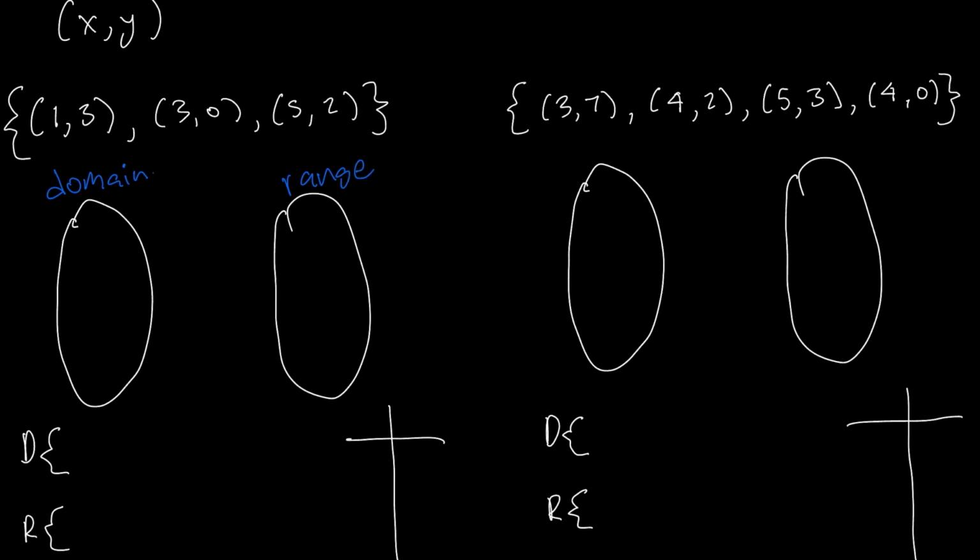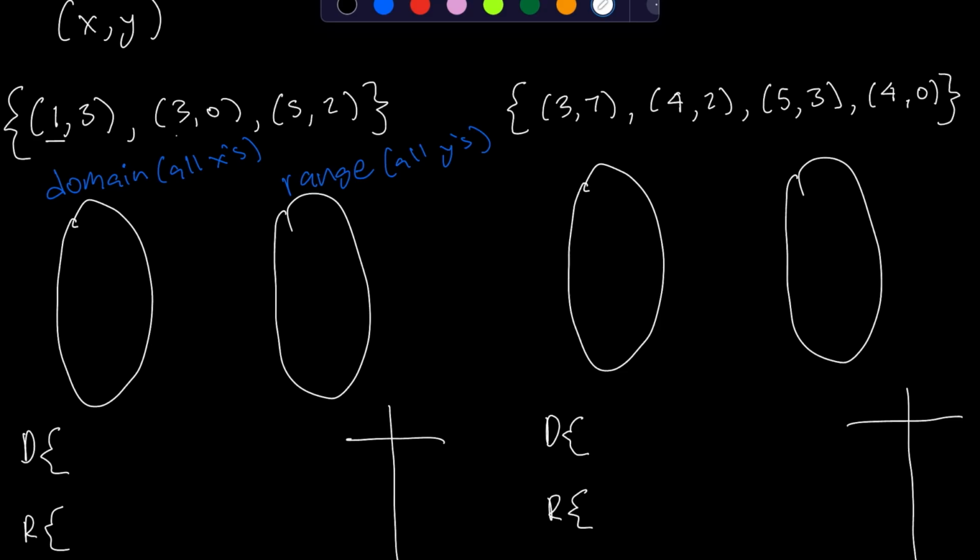So let's just remember domain is all x's and range is all y's. Let's look at what we have in our relation and write it in. We have 1, 3, and 5 for x values. And then let's look at our y values, or everything within our range. We have 3, 0, and 2.